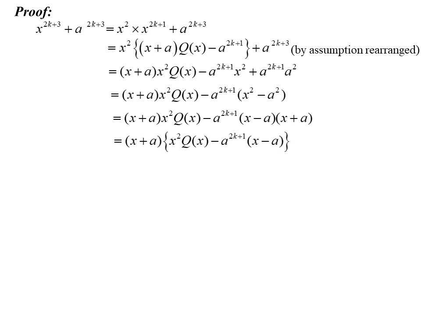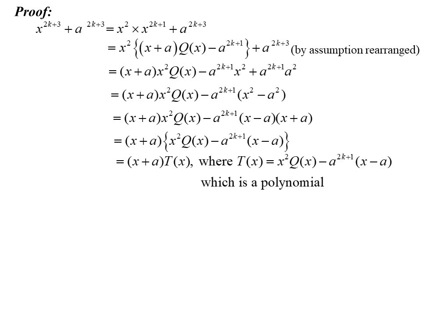Let's pull that out, and it is times something. The question here is, I don't have to say this is an integer. All I need to confirm in this case is that's a polynomial. Remember, we're just trying to show it's x plus a times some polynomial. And yeah, it is. Because our definition of polynomial is we just had all these terms. So long as the power is a positive integer, we know it's a polynomial.